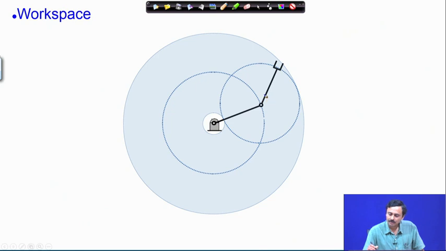So, for example, if this second joint can vary only between these two angles, then the workspace can be further shortened.